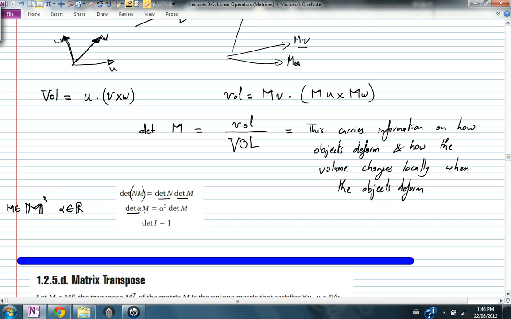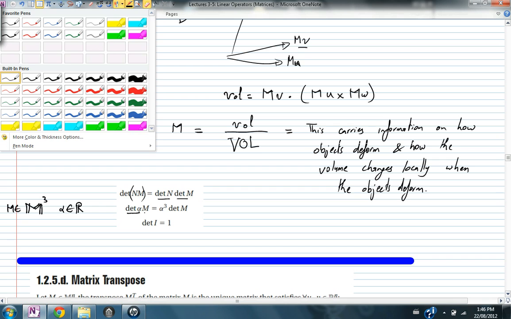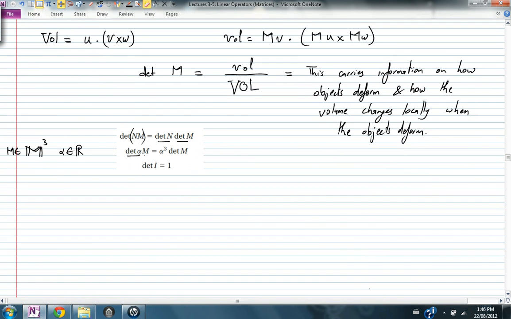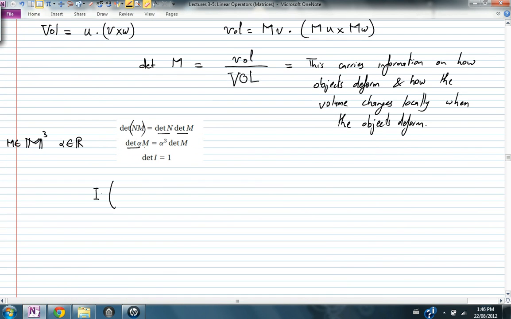And the determinant of I, which is the identity matrix, which we haven't really talked about yet, but we all know from previous courses. The determinant of I is equal to 1, because if I call this E1, E2, E3, it's equal to E1 dot E2 cross E3, which is equal to 1.